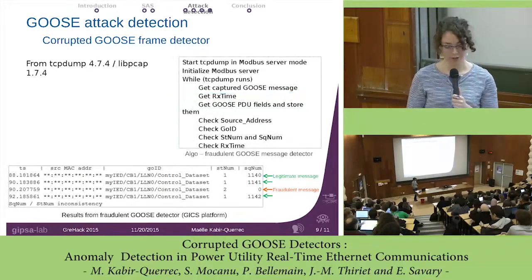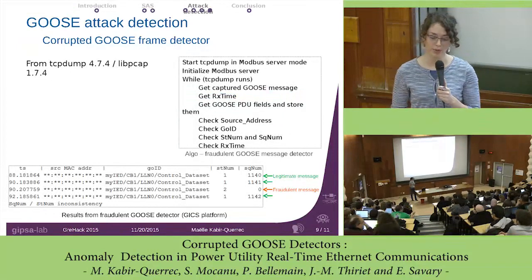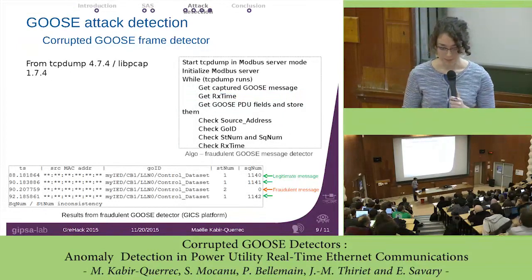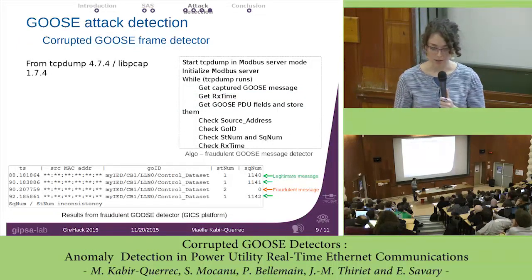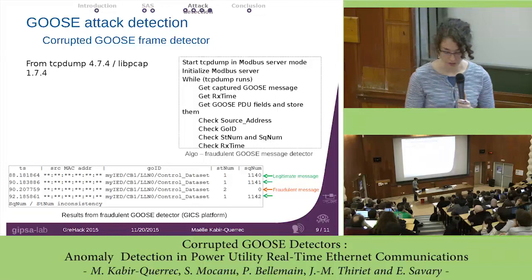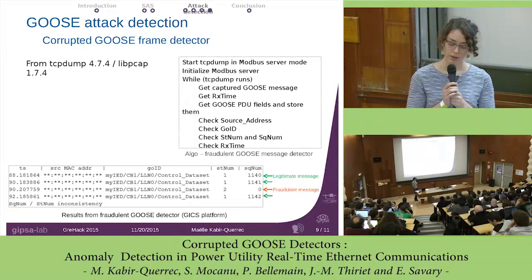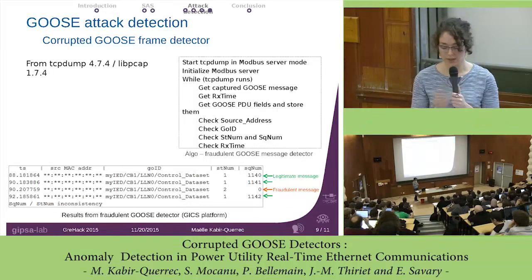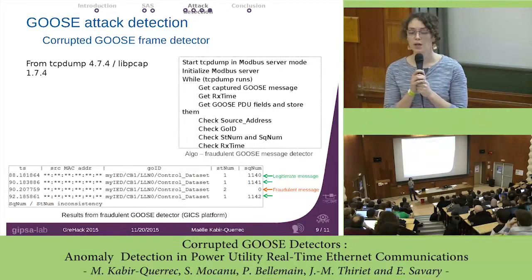And now about detection of that. The detector is based on tcpdump using libpcap. The libpcap functions sniff the traffic on the network. Its configuration is based on the configuration file of the ICS.